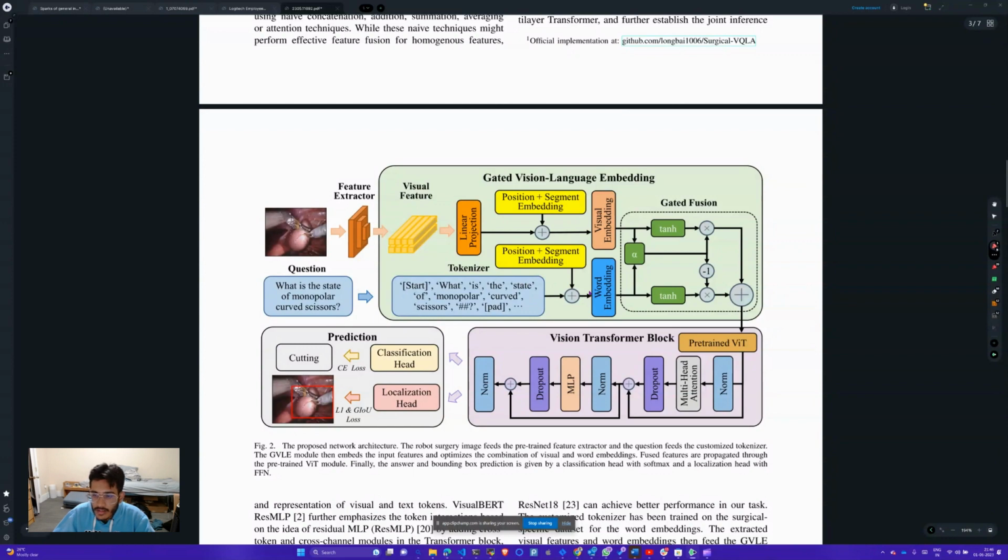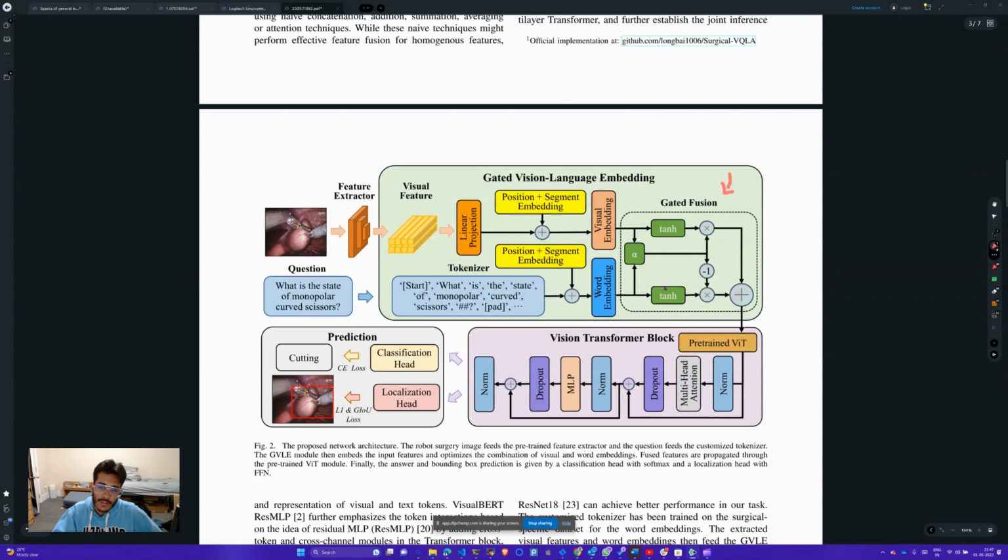They create a word embedding here, and this is where their innovation is, the gated fusion, where you can think of this as sort of a gate. What it's basically doing is, you pass the visual embedding and the word embedding through a tanh function, and alpha is the control here, which, in layman's terms, would predict, for this particular question, should I give more priority to the visual embeddings or the word embeddings? That's what it's doing.